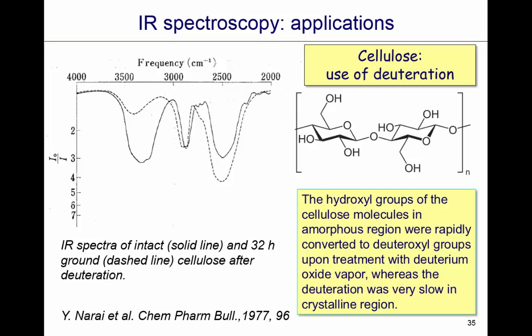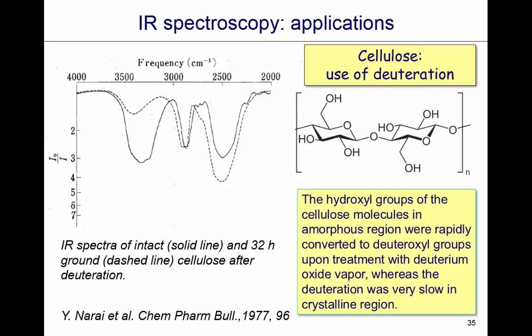I took two different batches of cellulose particles and exposed them to D2O. One batch was exactly the intact batch, which I probably received from a manufacturer, and the other batch was ground to a much smaller particle size.